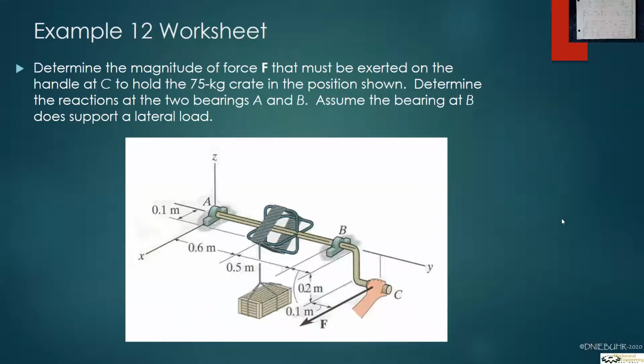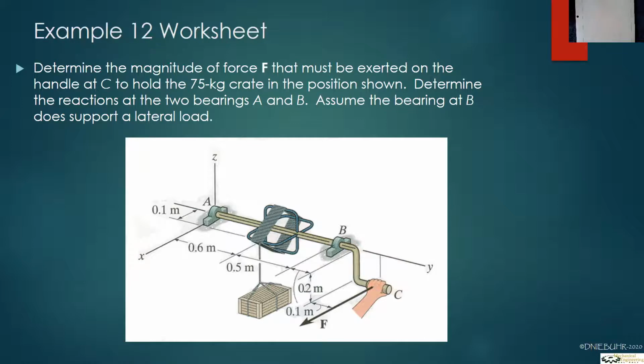Now, here's another example, and I picked this not because it's different than the other one, because I don't want to just do 10 of the same problems. But what we can see in this one is a slight variation in how we can solve. For one, you can do this problem using R cross F, just like we did before.